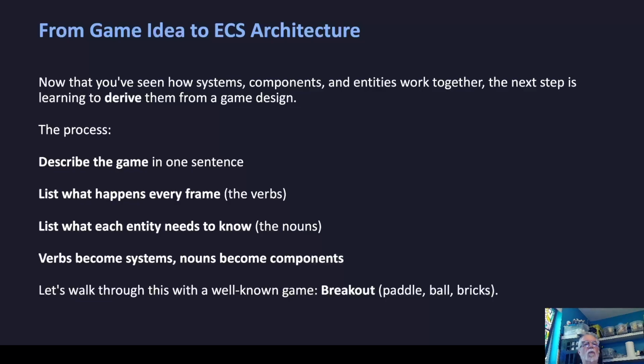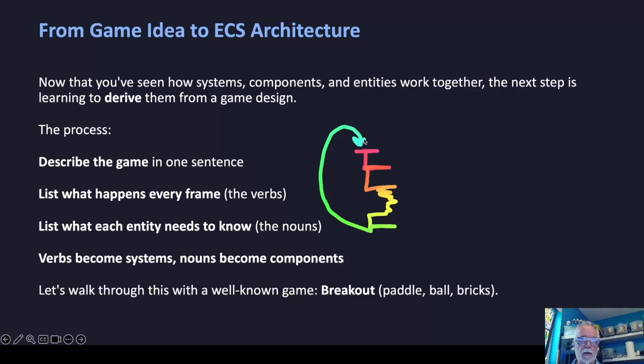Then we need to figure out what exactly is going to happen every frame, because we have this game loop that does input, and then we do a whole bunch of systems down here, and then over here we have rendering, and then we go back up and come back into here again, right? So we need to think about what's happening every frame.